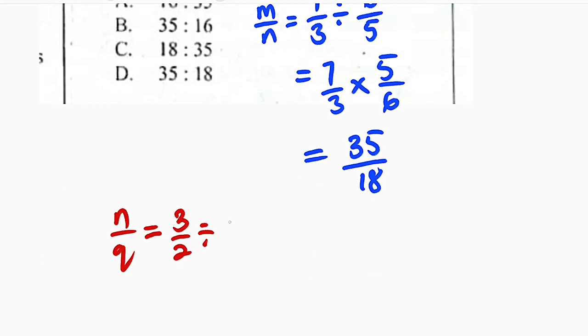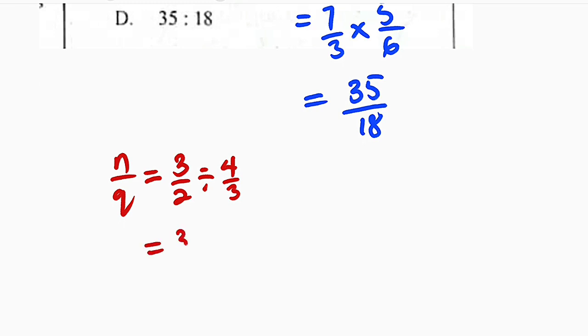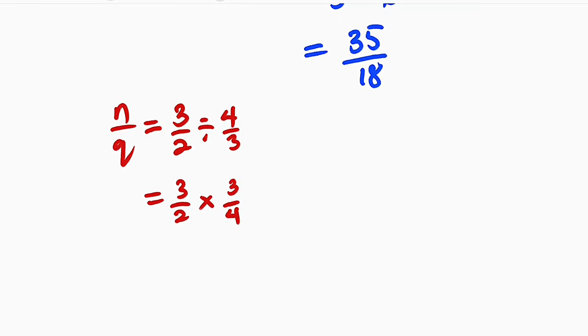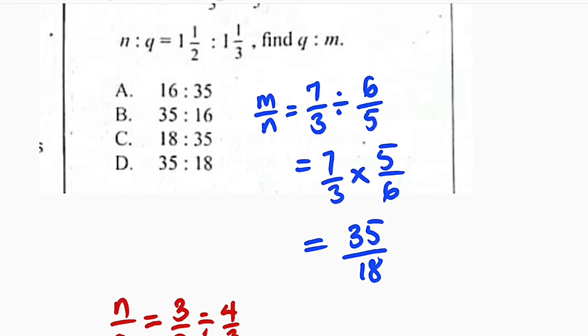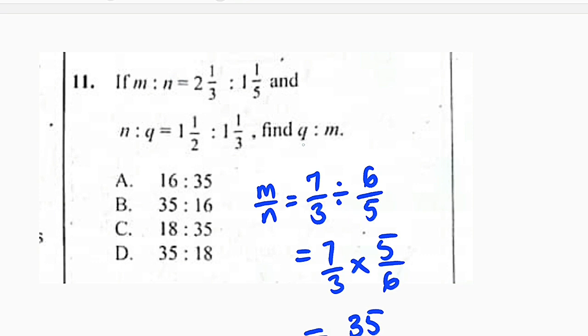So we have 4 over 3. If we simplify this, we have 3 divided by 2. You change this to multiplication and take reciprocal. We have 3 divided by 4. If you simplify this, you have 9 divided by 8. All right, remember what we are looking for. We are looking for a ratio Q to M.